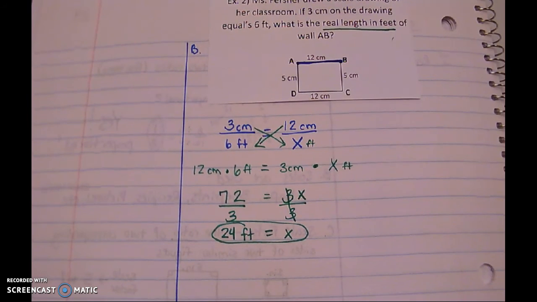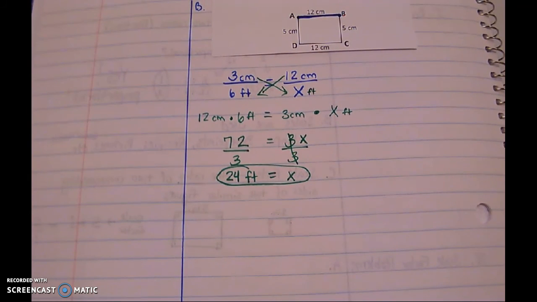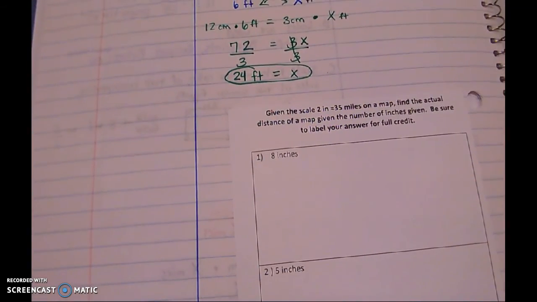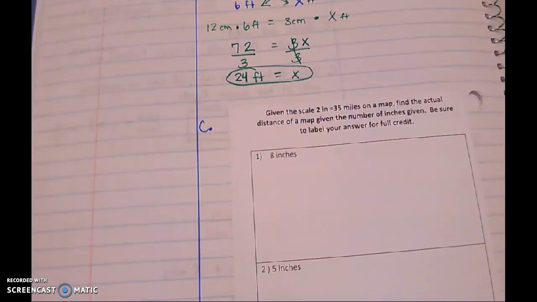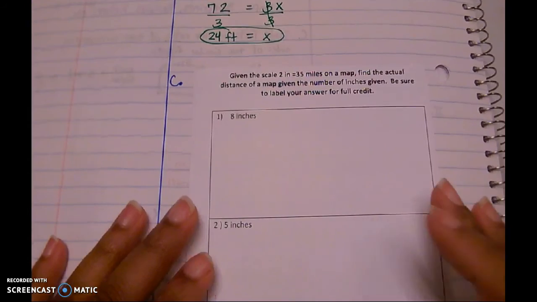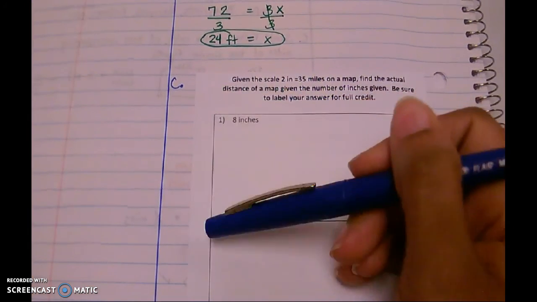Okay? Now, the next thing I want you to do is to take the last sheet that you've been given. Go ahead and write the letter C after you skip a line. Take this down, read the problems, do your work, show it. Don't mind if your numbers say 3 and 2.